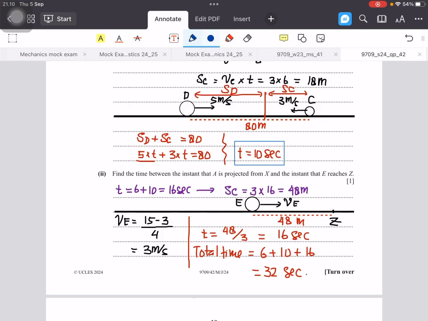So the total time between the instant that A is projected from X and the instant that E reaches Z is 6 plus 10, which is 16, plus 16. 16 is the time from the collision of object D and C until the combined particle reaches point Z. So the total time taken is 32 seconds.